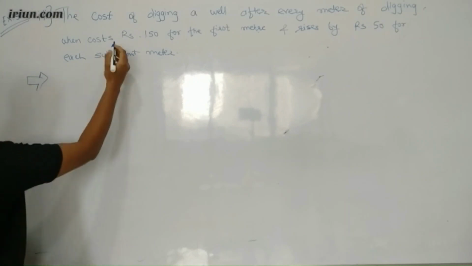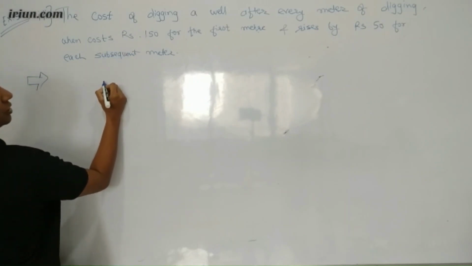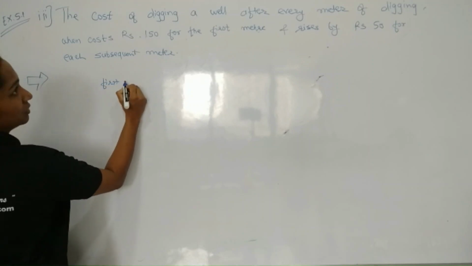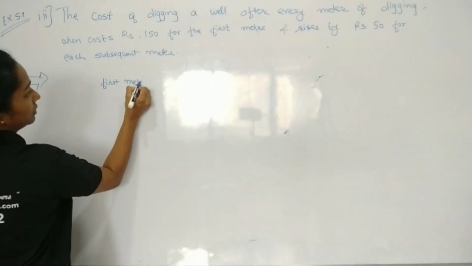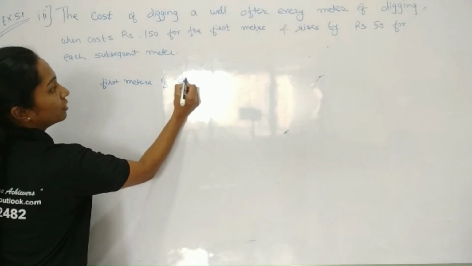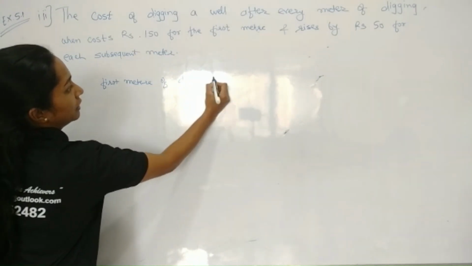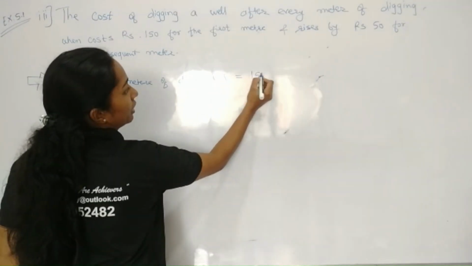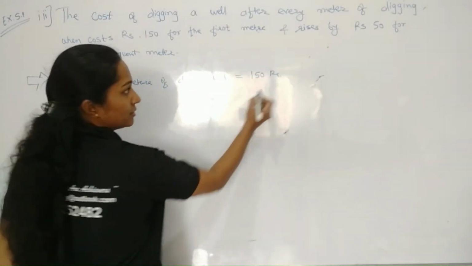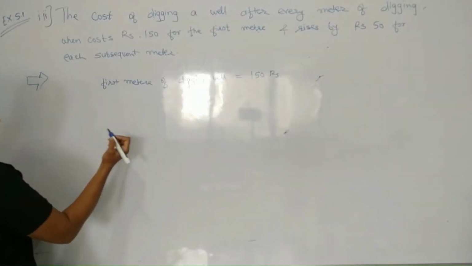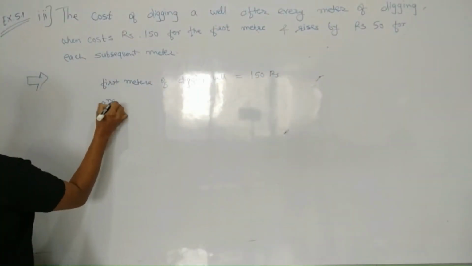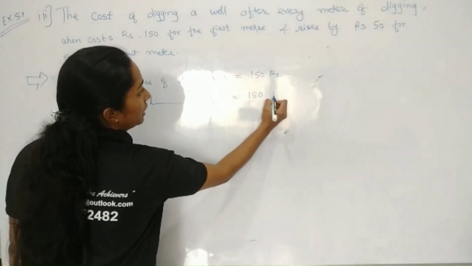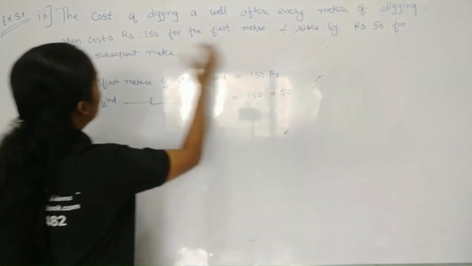See, for the first meter of digging a well, how much is the cost? 150 rupees. For the second meter, the cost is 150 plus extra charges for each subsequent meter.